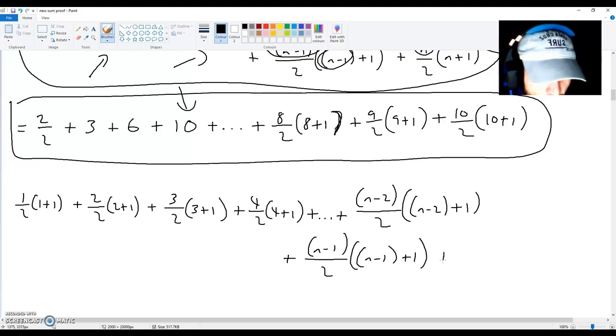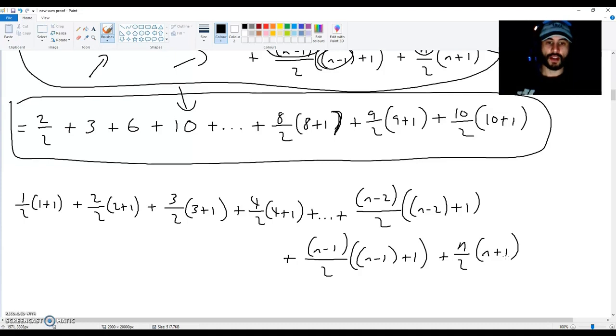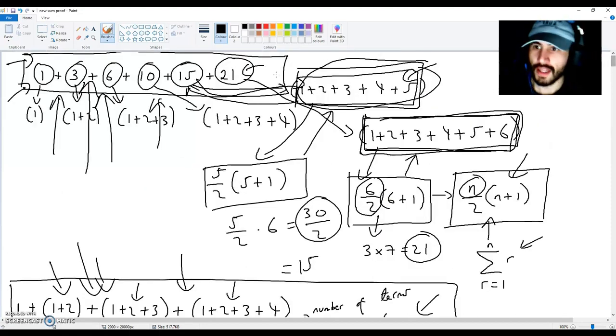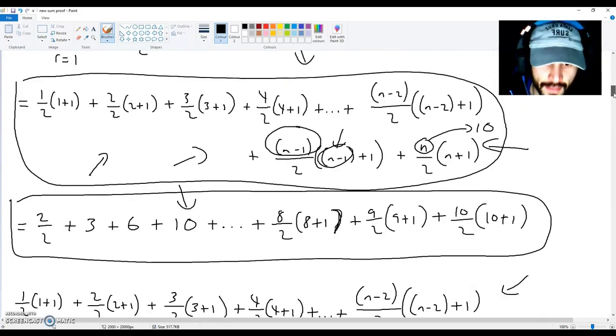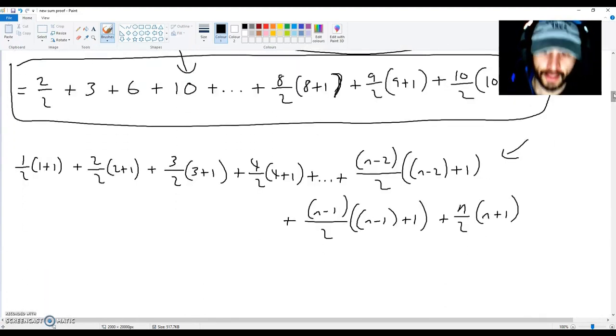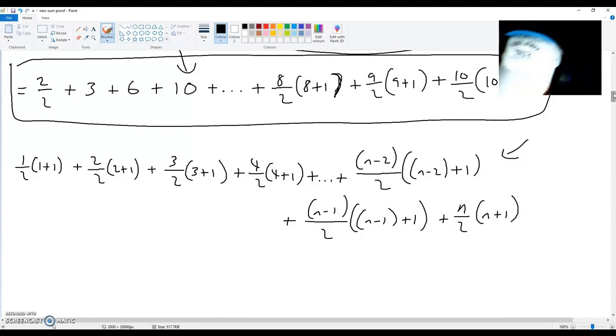And then finally we've got plus n over 2 multiplied by n plus 1. We know that this describes all the sums that look like this up here. So this is a great mathematical description of that. Now from here, we are going to move on to the next stage of finding our formula. So far so good.